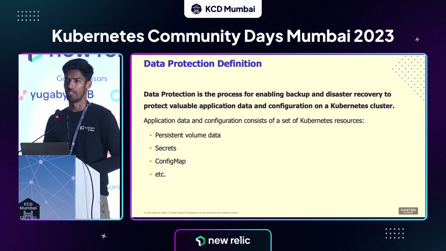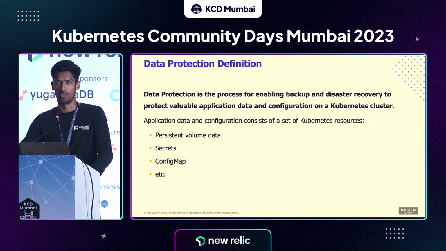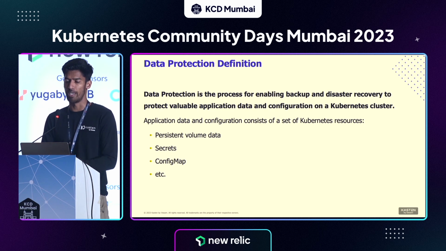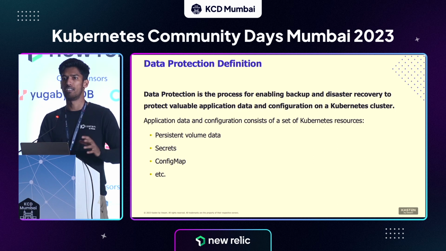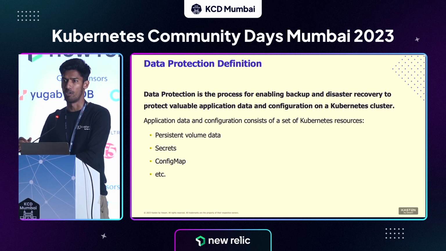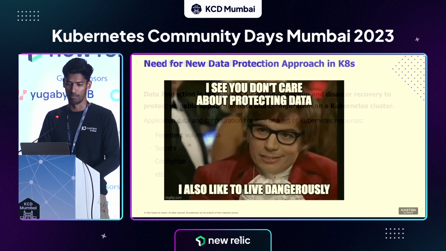If there is sensitive data, you obviously use secrets to do the same. And there are a bunch of custom resources to satisfy your different use cases. So all these components, the Kubernetes configuration plus data, make a Kubernetes app. And this app needs to be backed up as a single unit. So when we talk about data protection in Kubernetes, it consists of backing up all these components, and the end result is what we call a backup.